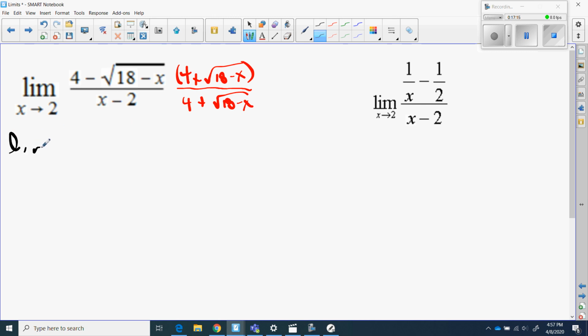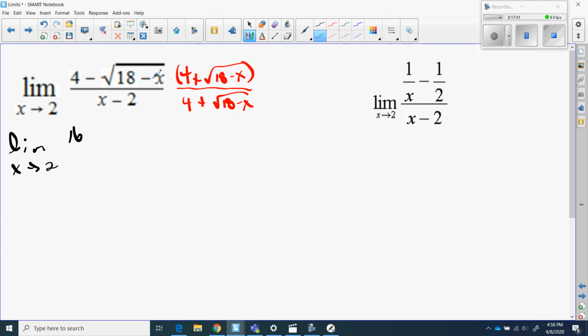So the limit as x is approaching 2, multiply these two. So 4 times 4 is 16. Now, hopefully you can remember from your prior work that when you multiply conjugates, the middle two terms always give you 0. So you don't have to do every product, this times this, the 4 times that one, then this radical by 4, and then this radical by this radical.